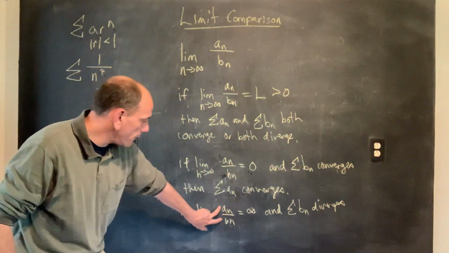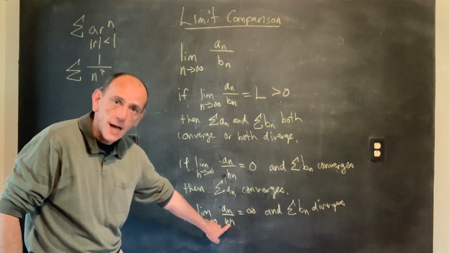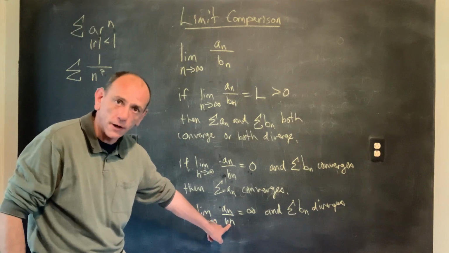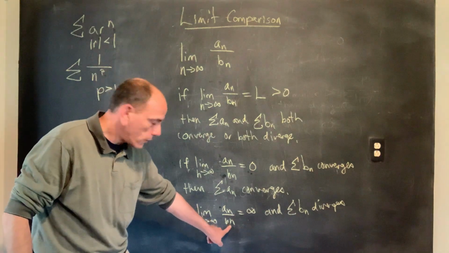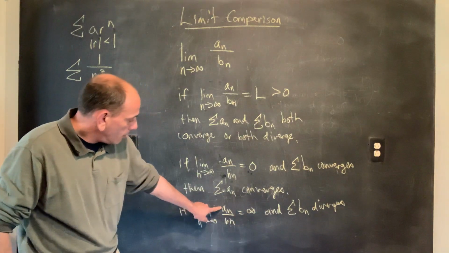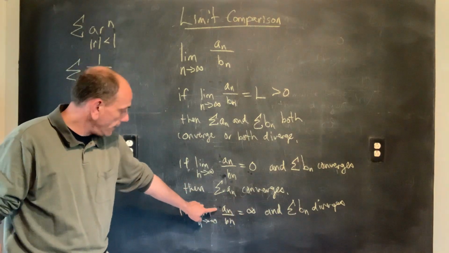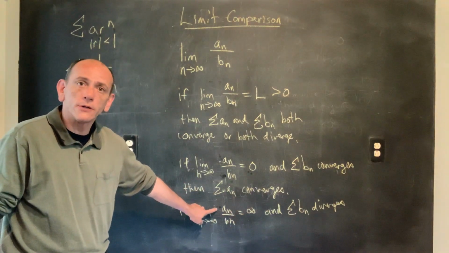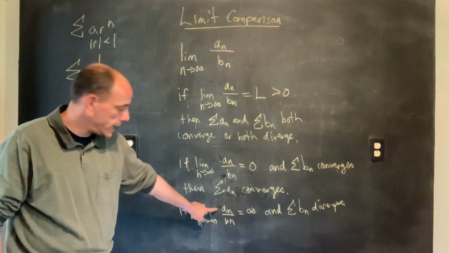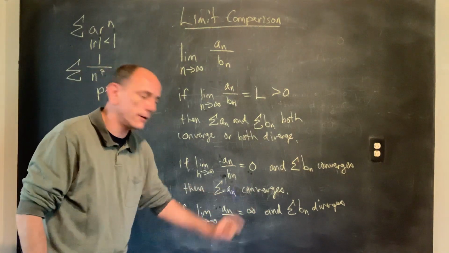We're comparing their growth rates. Now, B sub n, we already know, is not going to 0 fast enough. So the series B sub n we know diverges, but the ratio of these two is infinity. So A sub n has to be going to 0 slower than B sub n does, or maybe not going to 0 at all. So the thing diverges.